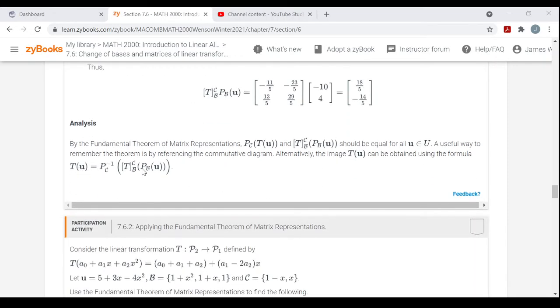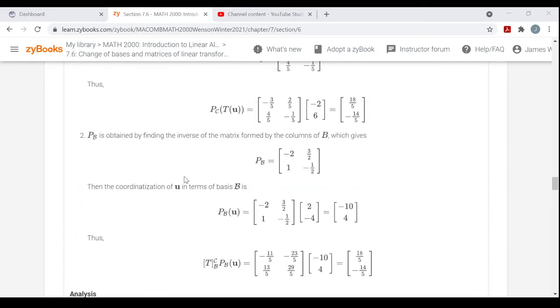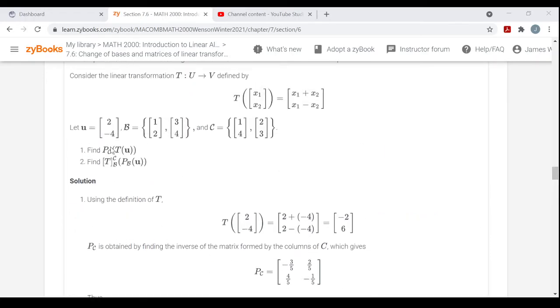So then finally they're saying, oh, well, if these two are equal, then I should be able to find the output. And I'll write this on paper.